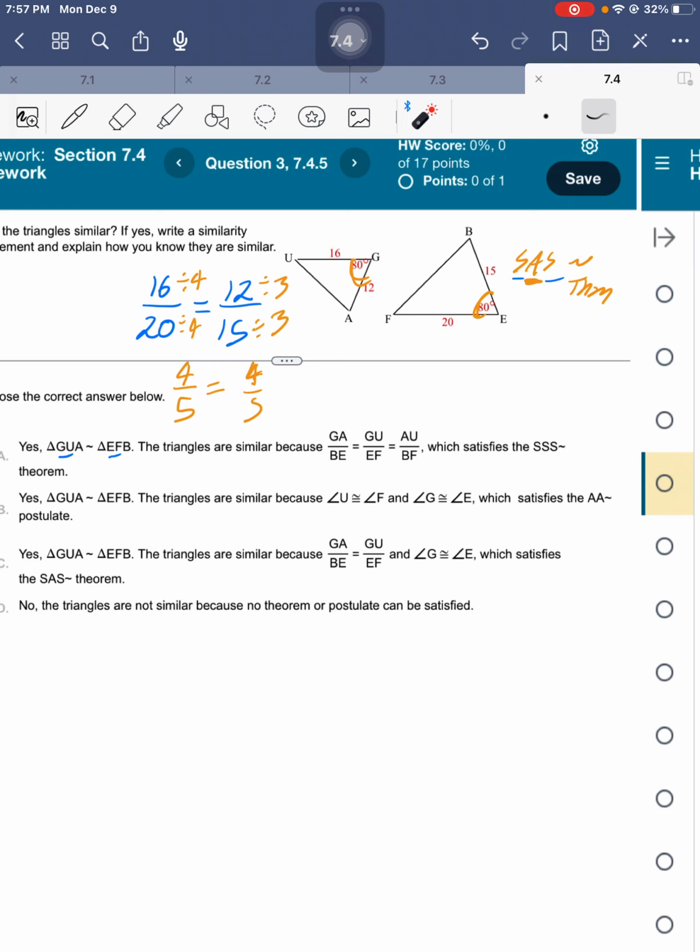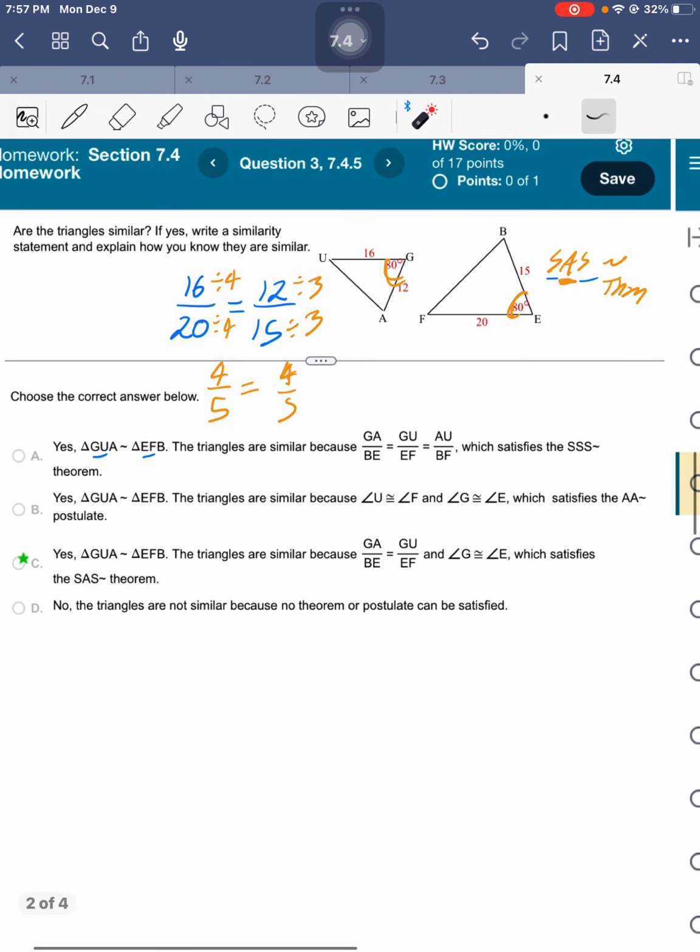So now I know that the included angle is congruent and the corresponding side lengths UG to EF and GA to BE are proportional. And if I have side lengths that are proportional and an included angle that's congruent, I know that the two triangles are similar. So what is it that I have? GA, oh look, they want me to write it like this.